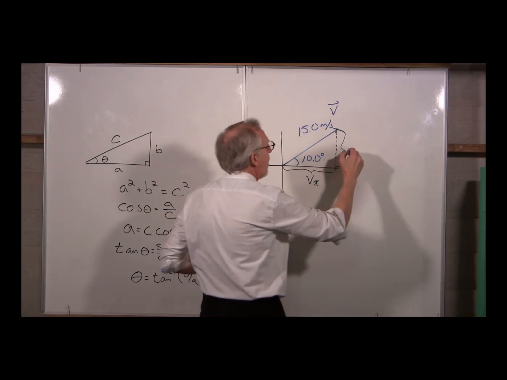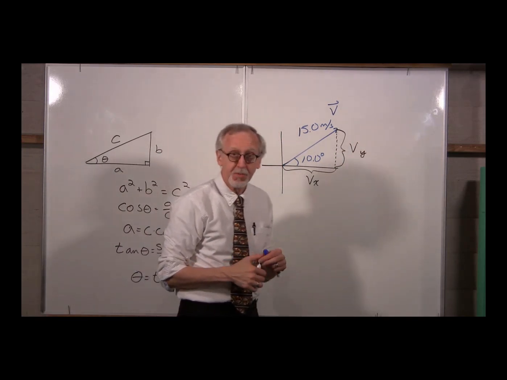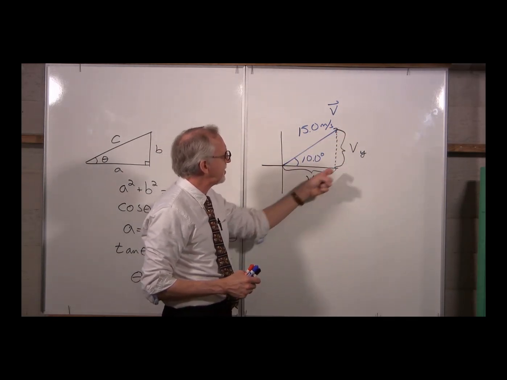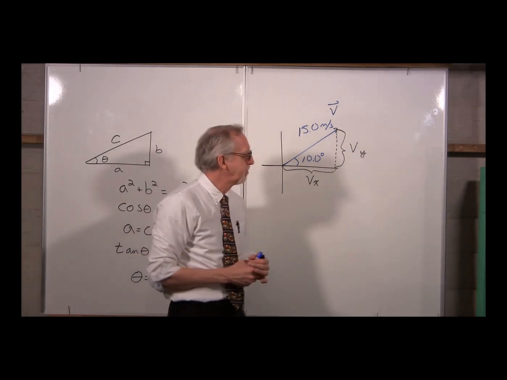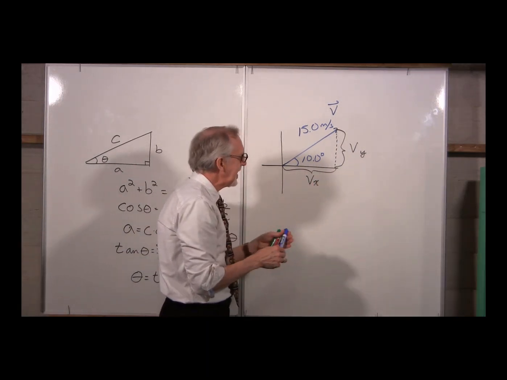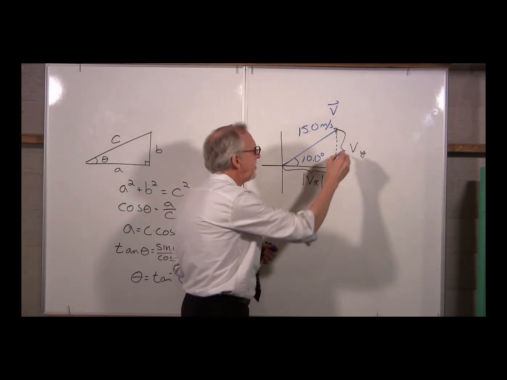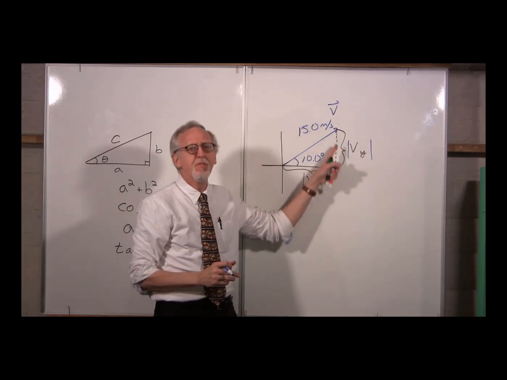This part we call v sub y, the y component of v. Now, typically we'll draw these triangles and we'll write this as v sub x, v sub y, but strictly speaking, we're really talking about the absolute value of v sub x and the absolute value of v sub y for the lengths of the triangles.